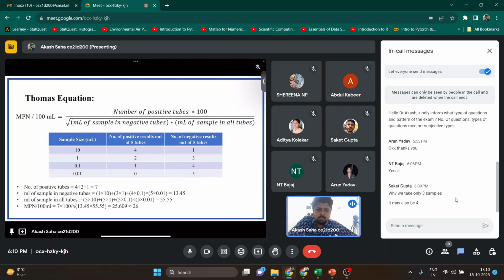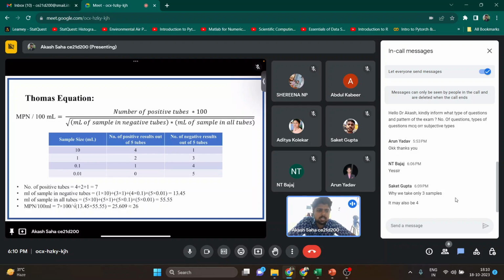Okay, now there is one more equation called the Thomas equation. If you know the number of positive tubes and the number of negative tubes, you can directly apply this formula and find out the NPN value. You don't have to refer to any chart.